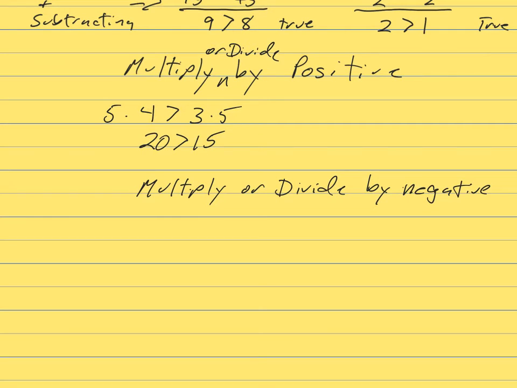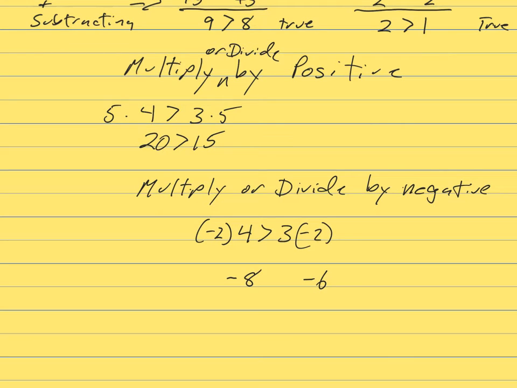So let's take our 4 is greater than 3, and now I'm going to multiply by a negative number. Let's just say something easy like -2. So I'll multiply both sides by -2, and I get a -8 here, and I get a -6 here.